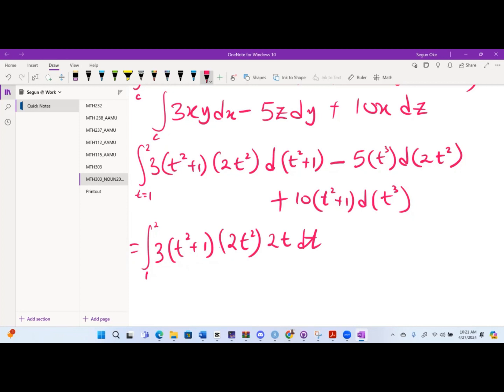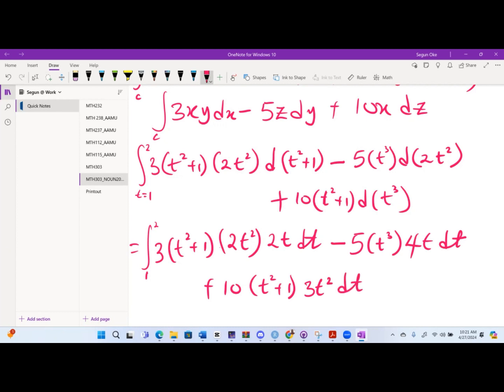Minus 5 of t cubed. If you differentiate what is here, what do you have? 4t dt. Then the same thing here, plus 10 of t squared plus 1. If you differentiate what is here, you have 3t squared dt.